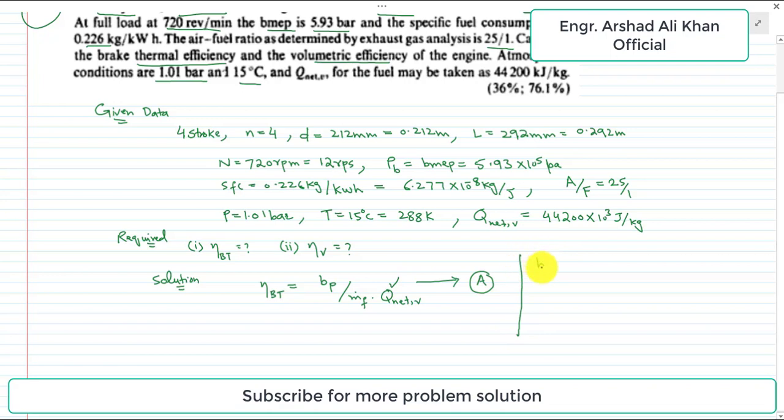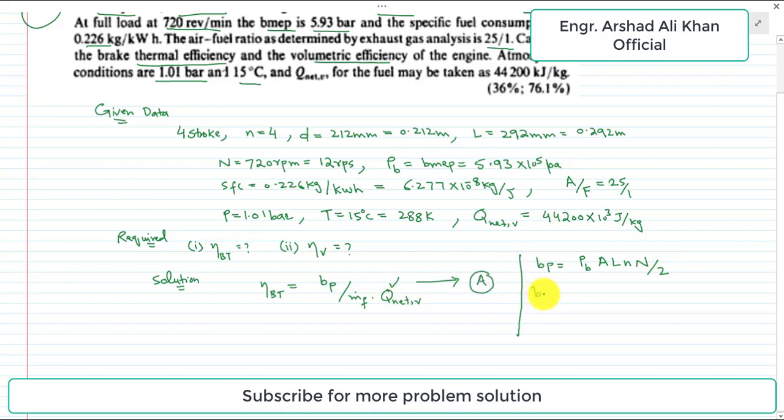As we know, brake power in this case is equal to PB, that is brake mean effective pressure, into area into L, which is stroke, into small n, which is number of cylinders, into capital N, engine speed, divided by 2. This is the expression for brake power.